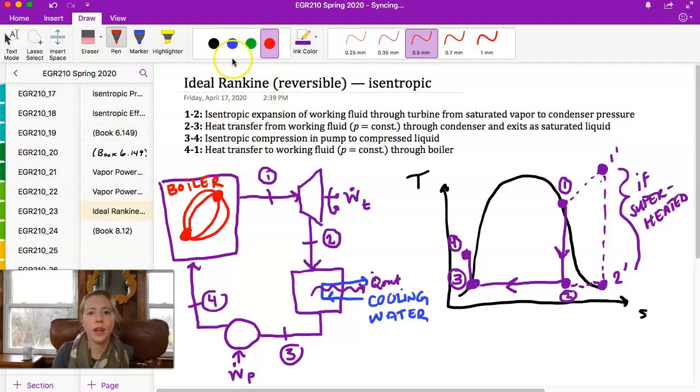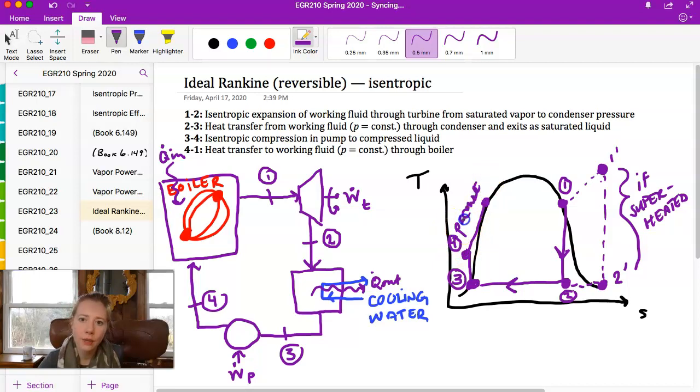And here we have Q going in. All right, so we have heat transfer to the working fluid at constant pressure through the boiler. And so to get back to 1 then, we're going to follow P equals constant, which will bring us to about here. So this line that we're following from 4 to 1, this is P equals constant.